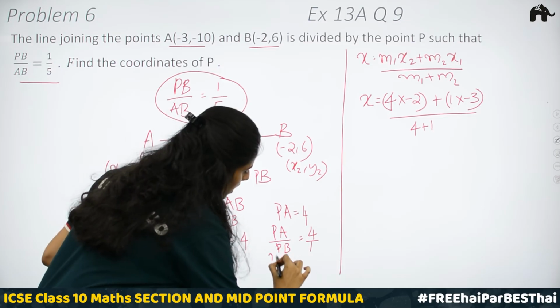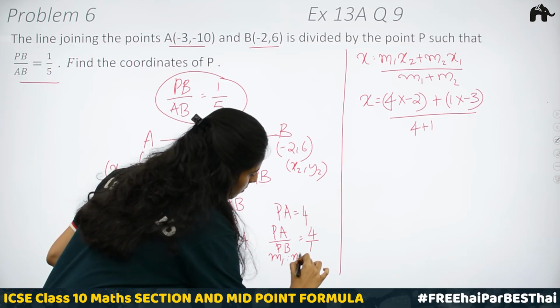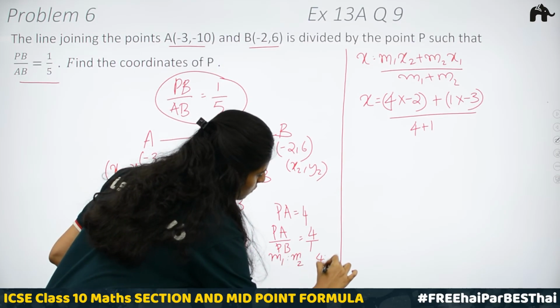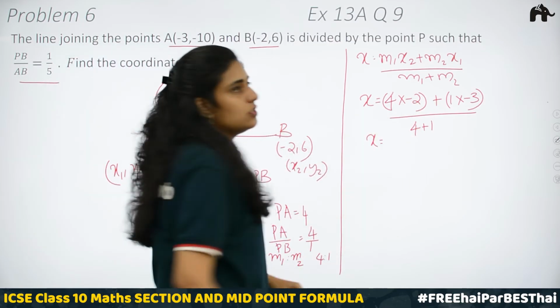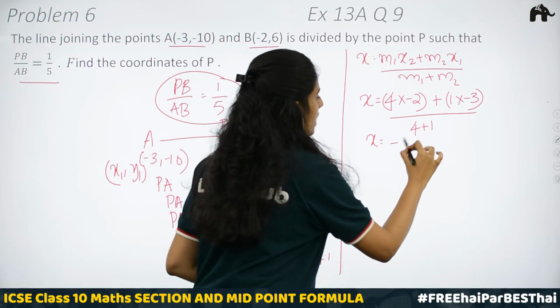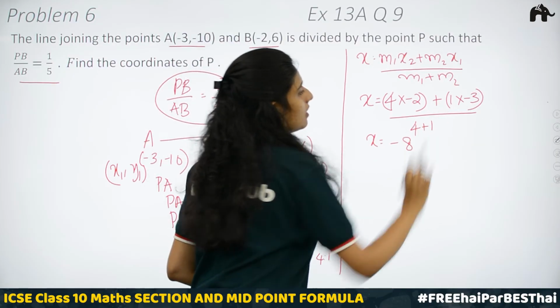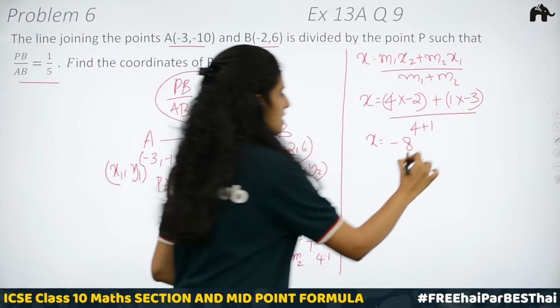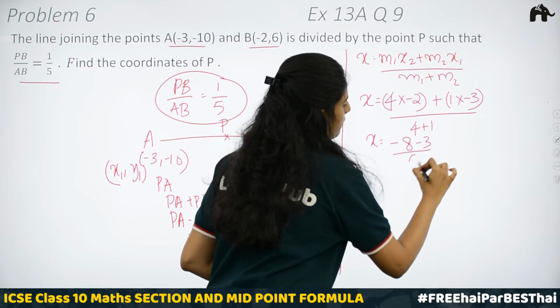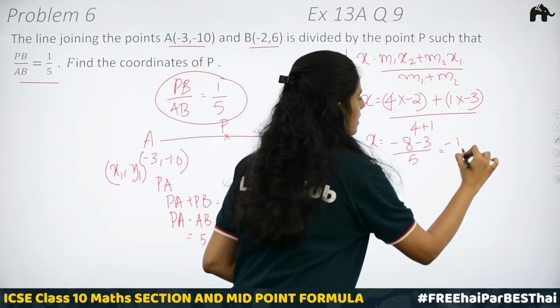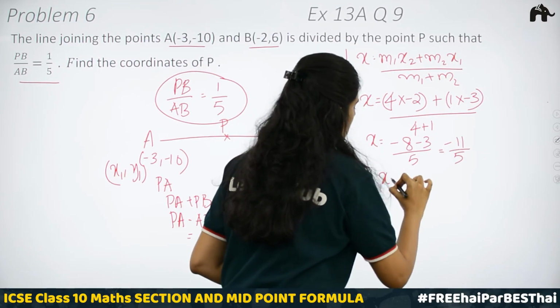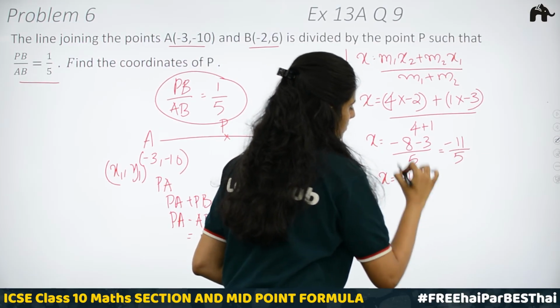This is M1 is to M2, that is 4 is to 1. X is equal to 4 into minus 2 is minus 8, plus 1 into minus 3, minus 3, divided by 4 plus 1, 5, which is equal to minus 8 minus 3 is minus 11 divided by 5. X is equal to minus 11 by 5.